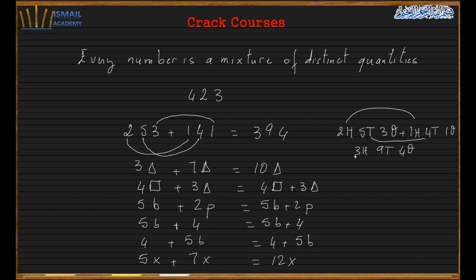The same concept applies in every type of addition we can have. As they are similar, I combine their components. If they're not similar, I just leave it like it is, because I cannot do anything. I just write down the operation again.